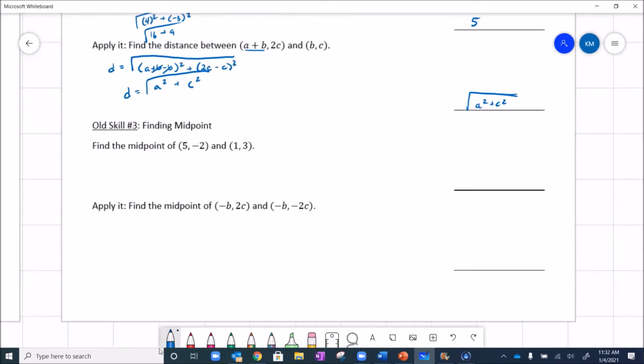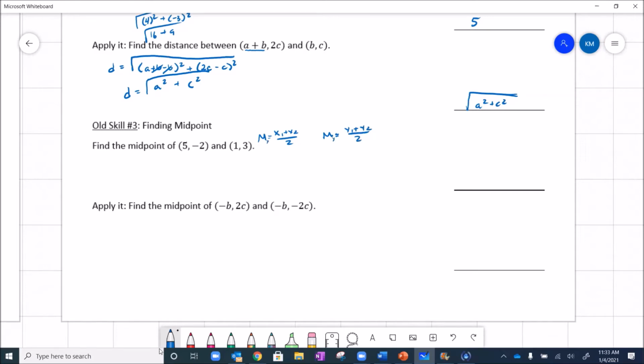Finding midpoint. Remember that when we're trying to find the midpoint, we set up two problems. It's the average of the x's and the average of the y's, and then we use that in our coordinate, mid x, mid y.